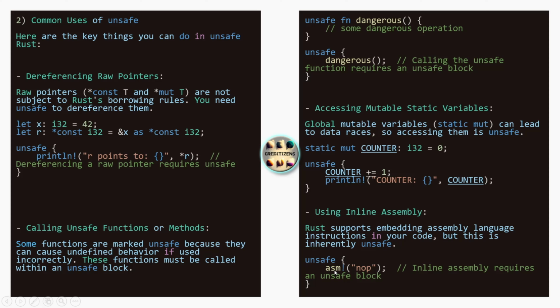Here we're using a macro that helps to do that. So unsafe inline assembly requires an unsafe block. Okay, I'm not using assembly at all. I'm at the Rust level at the moment. I'm coming from Python, but yes, assembly exists and you can use it in Rust. That's what makes Rust amazing.